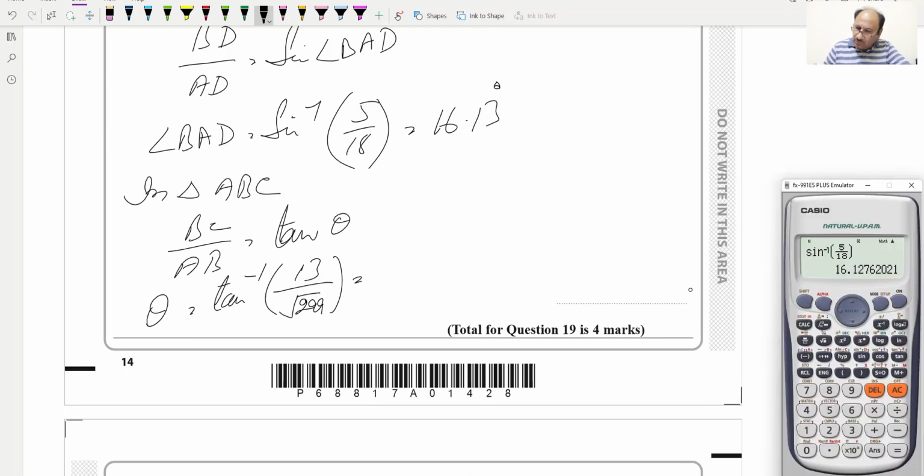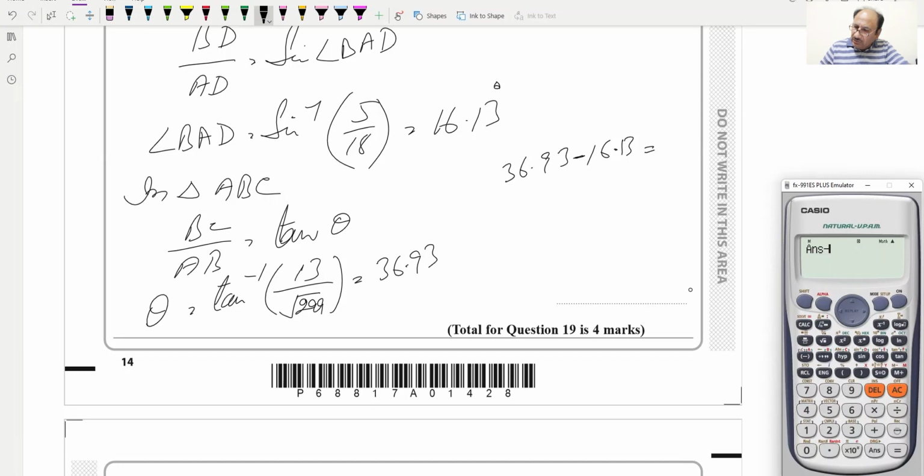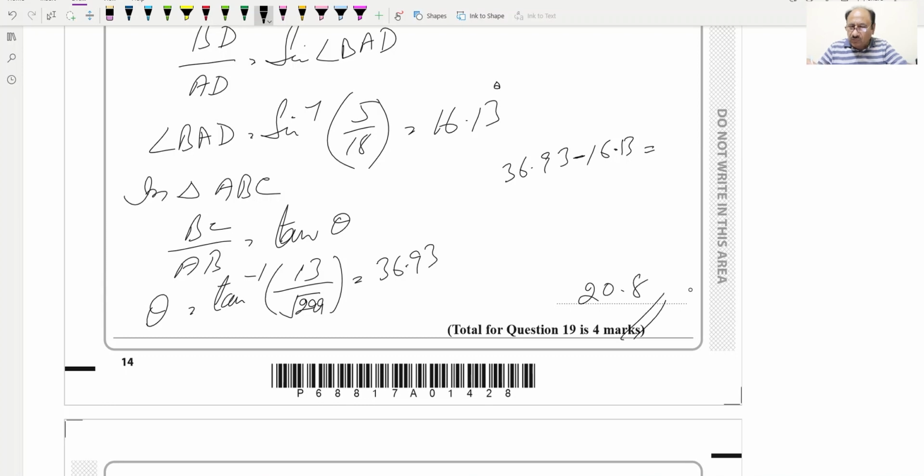This is equal to shift tan of 13 over root 299, close bracket, which is equal to 36.93. So we find 36.93 minus 16.13, which we earlier found, is equal to 20.8. So 20.8 is the final answer for this question.